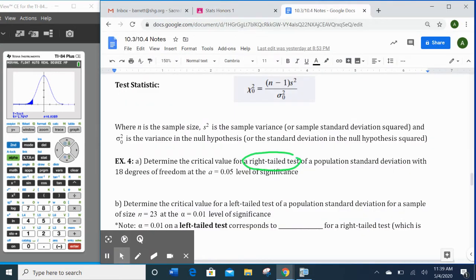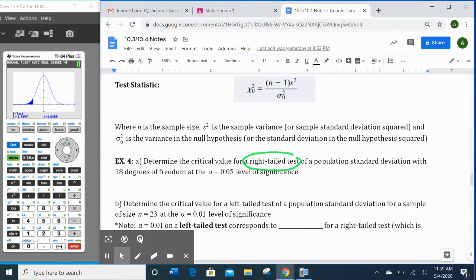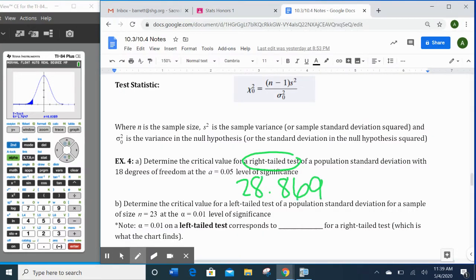So with 18 degrees of freedom and alpha 0.05, it looks to me like 28.869. So the answer to the critical value is 28.869. After I evaluate a test statistic and compare them, I would be able to decide to either reject or not reject.